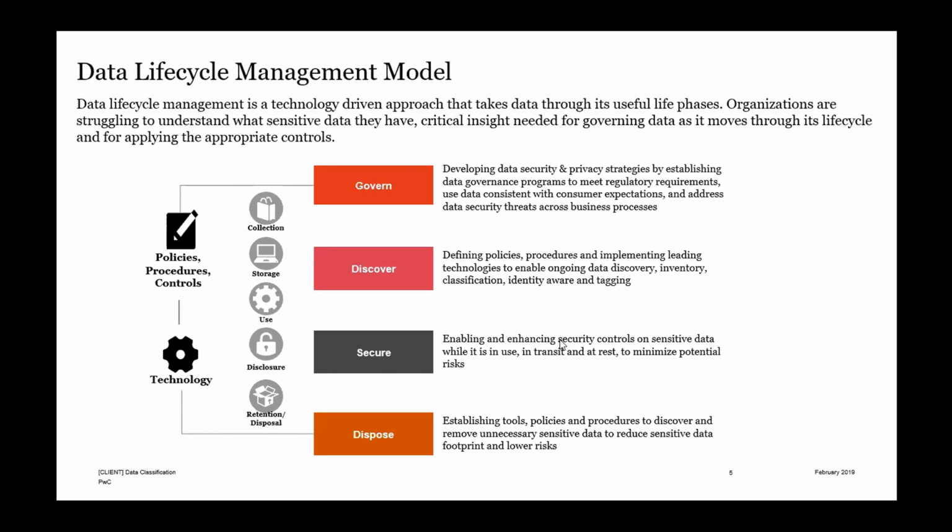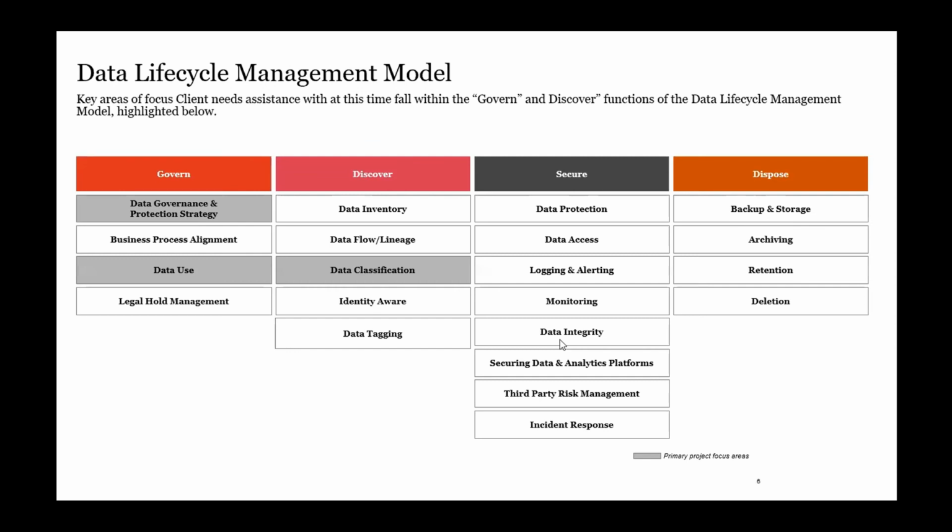So next, the data lifecycle model, which is what I was explaining previously. These are the stages of work that you do. For example, data governance and protection strategies are at the policy and procedure level. And we look at data use: what kind of data is being used by the organization?